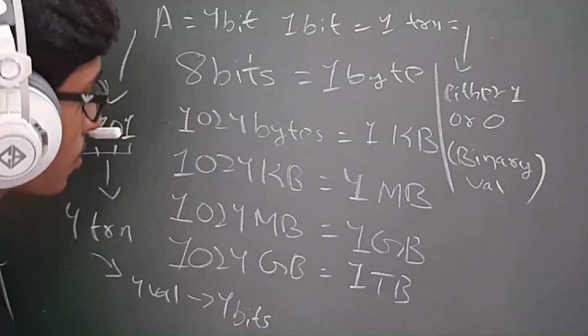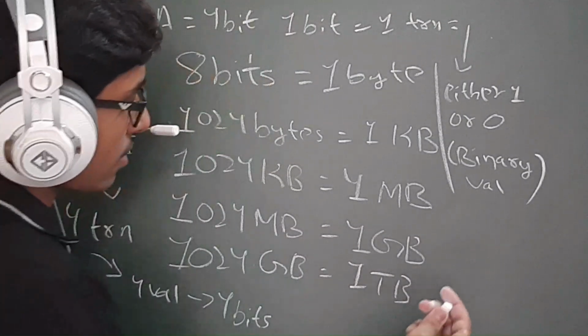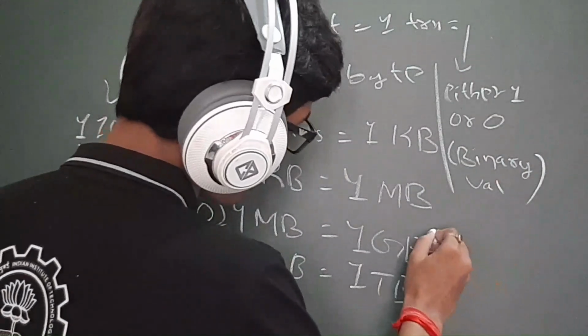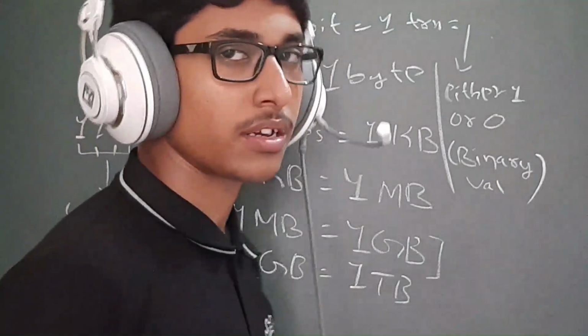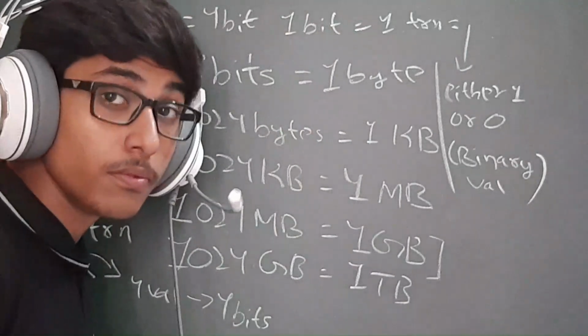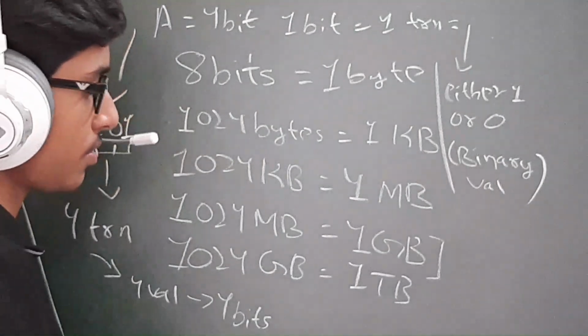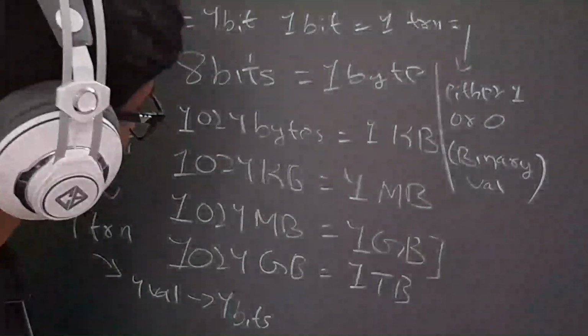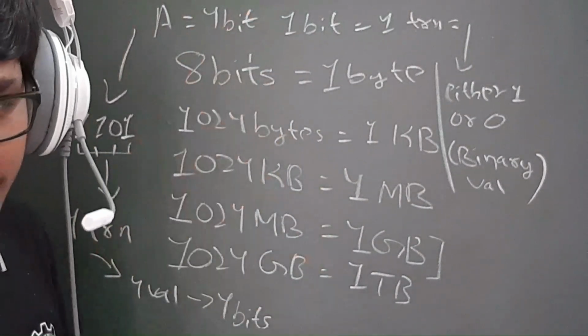But what if I ask you, suppose I have an image captured by a cinema camera, RED, maybe Blue. So how many transistors are there in 1 GB? You have to go with the unitary method, right?